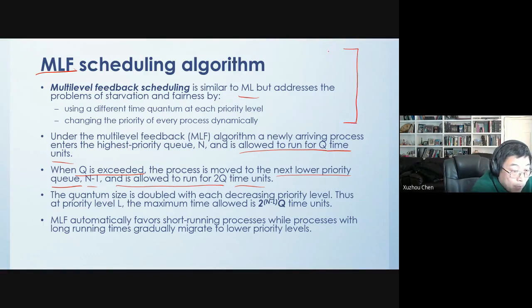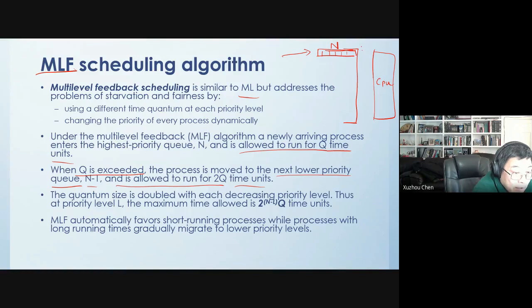The high priority queue is level n, and here's the CPU. When a new process arrives, it is placed in the queue over here.